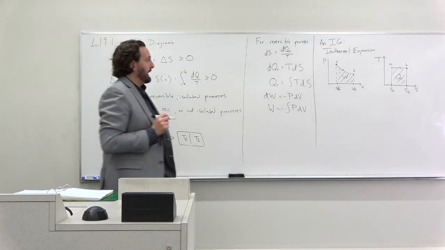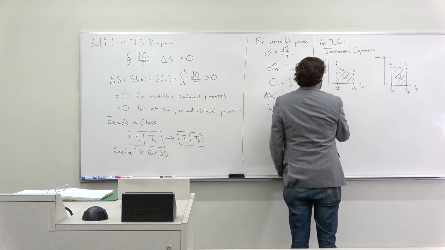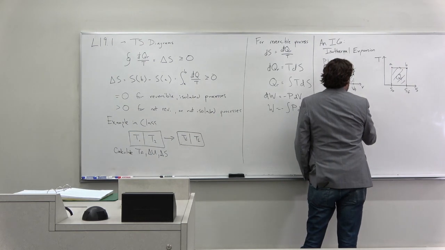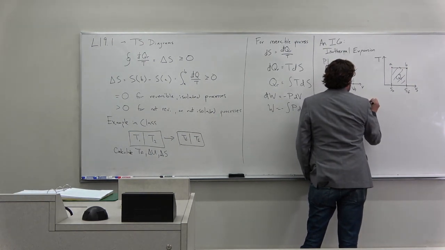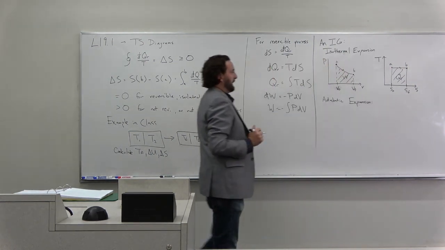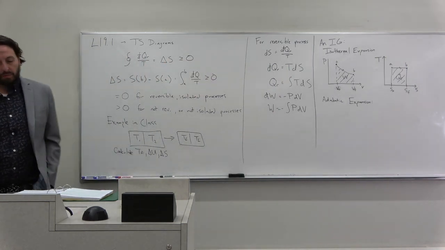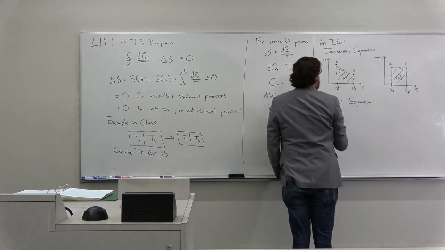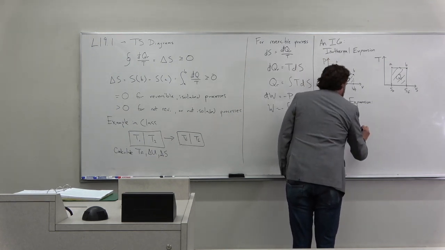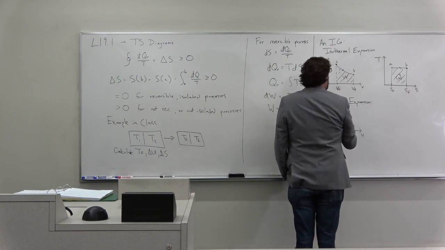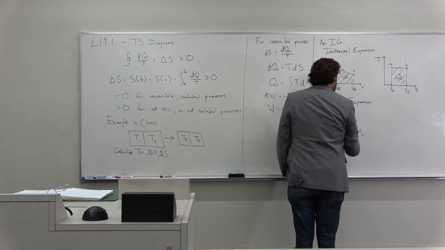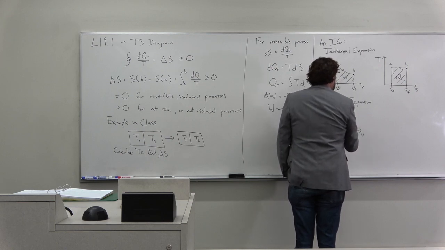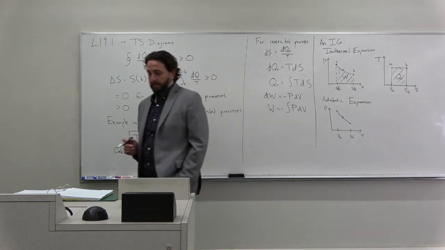All right. What about adiabatic expansion? Well, when we did it on a PV diagram, we had some initial volume, some final volume, and we had a curve similar to our isothermal, but with a steeper slope.